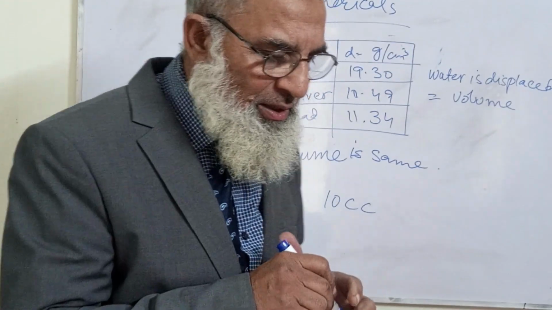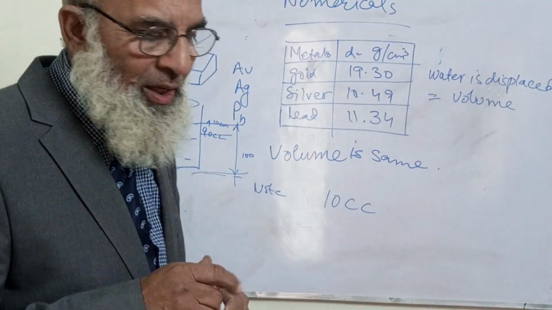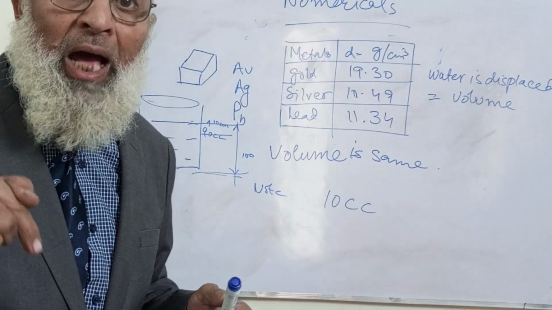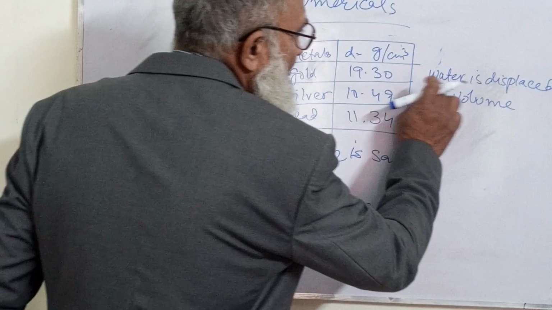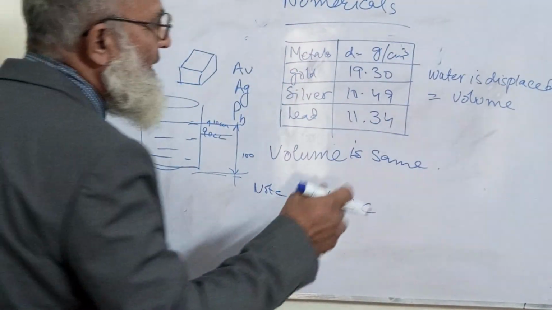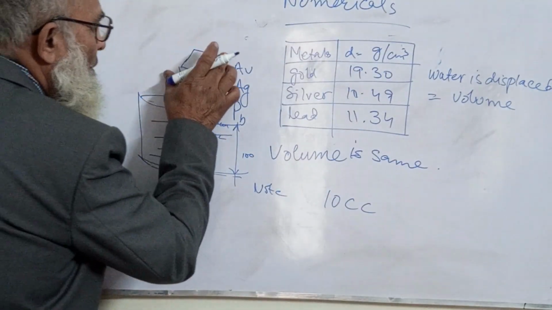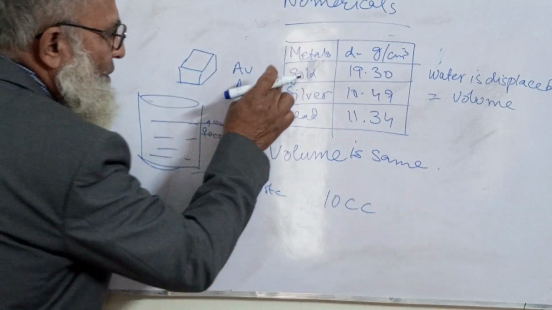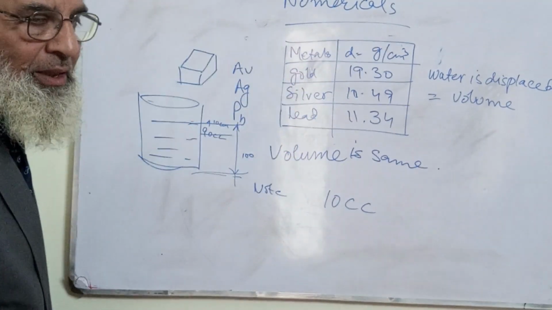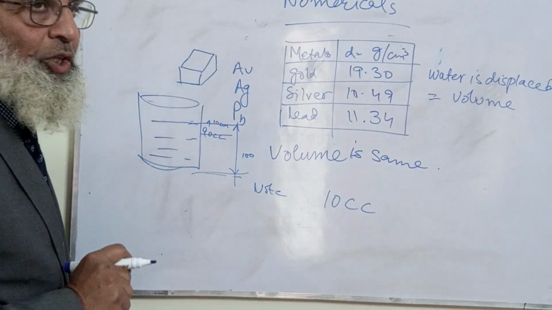Now, same question 2 again from this table. Three metal cubes have the same mass. Water displaced is equal to the volume of the cube. But when I drop a cube whose mass is different for each, what will happen to the rise of water?